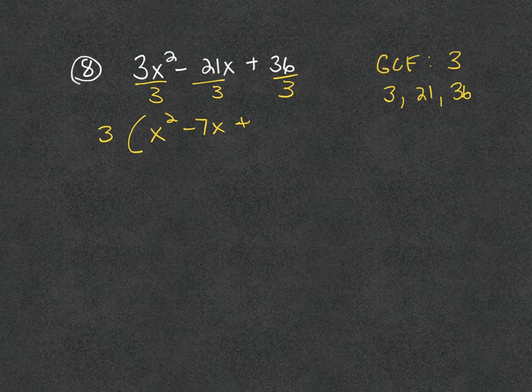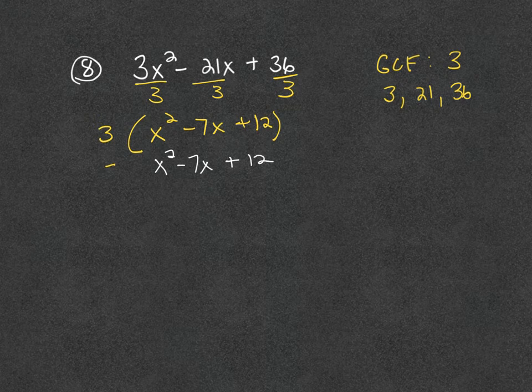Excuse me, plus 12. Forgot to divide that out there. So now I'm going to look just at the quadratic trinomial that is inside of the parentheses. So I'm going to look at the x squared minus 7x plus 12. And I'm going to draw my box.